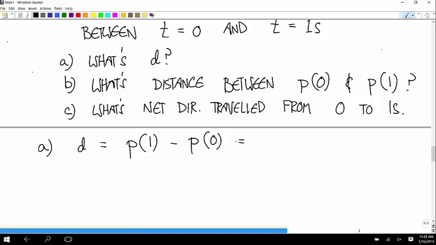We already calculated these two positions, so the position at 1 second was negative 18 meters, minus the position at 0 seconds, which is negative 20 meters.